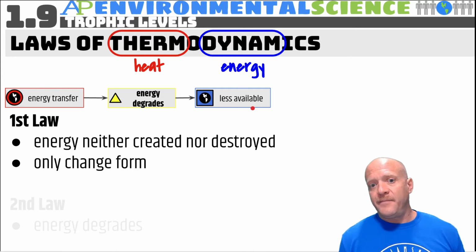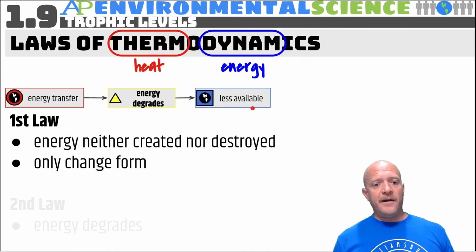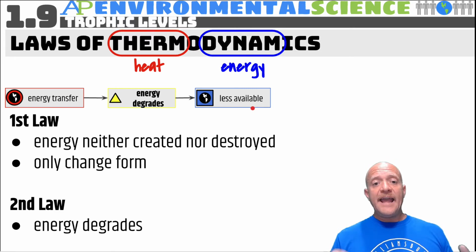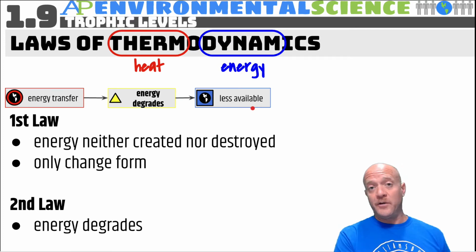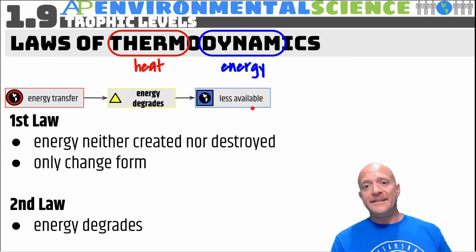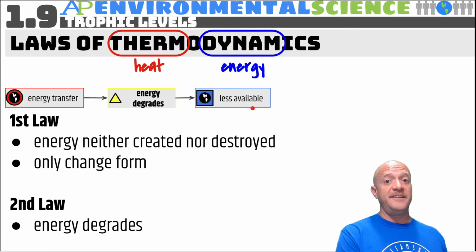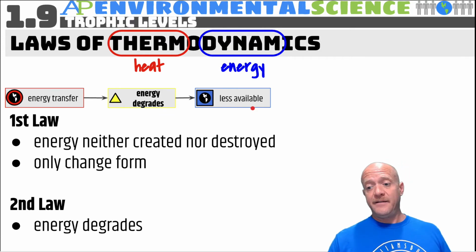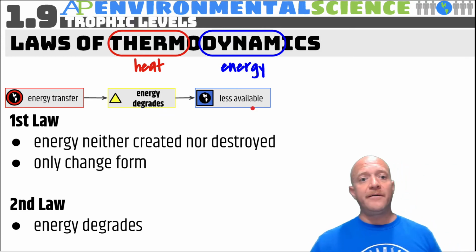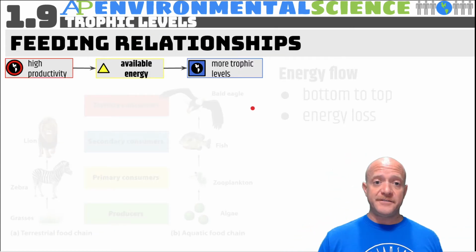It may lose some in the form of heat. So the second law states that energy degrades when it changes source or changes forms. Okay, and the most degraded form of energy is heat. So a lot of times when it changes from one form of energy to the other, heat is released. And that is something that we have to remember as we are talking about trophic levels.